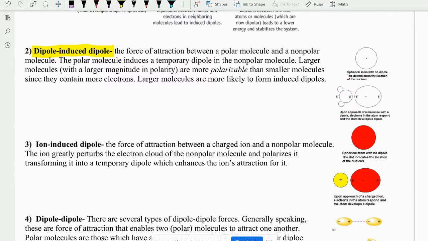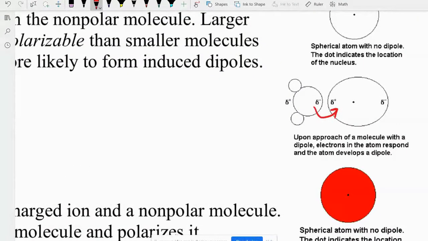So what do you think that's going to do? Well, since water is polar, it's going to have a partial positive and a partial negative side. And when that is placed next to a non-polar molecule, it's actually going to induce a dipole in the otherwise non-polar molecule. And you can see here, it's kind of hard to see, but this water molecule, its partial negative side is going to align to the partial positive side.